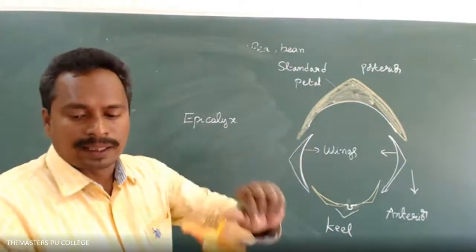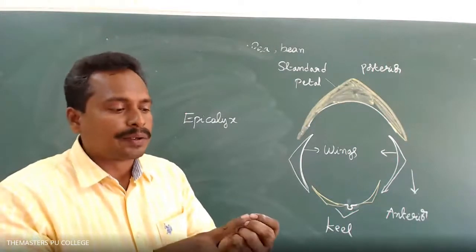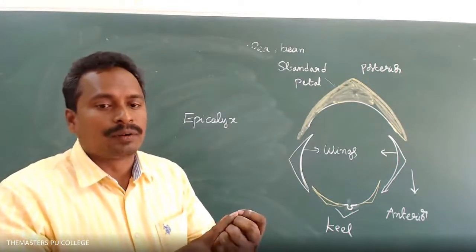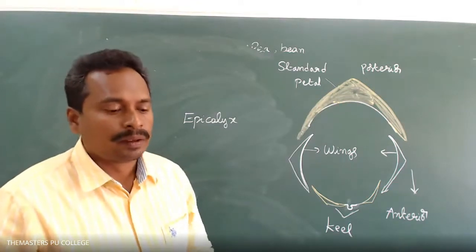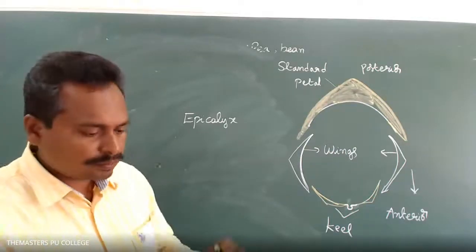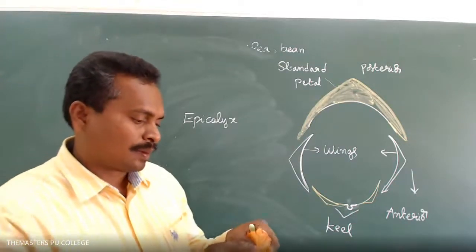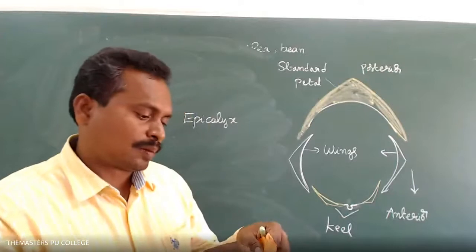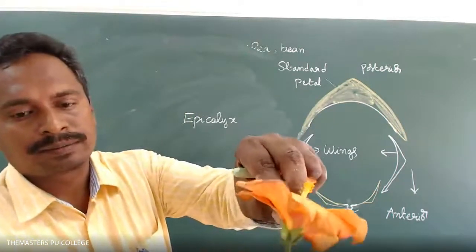Generally, in the majority of plant species, there are 4 floral parts: calyx, corolla, androecium, gynoecium. Are the epicalyx not fused, sir? The epicalyx are free.